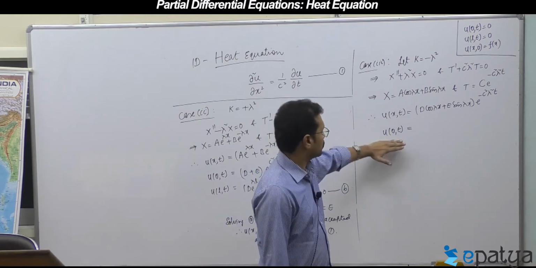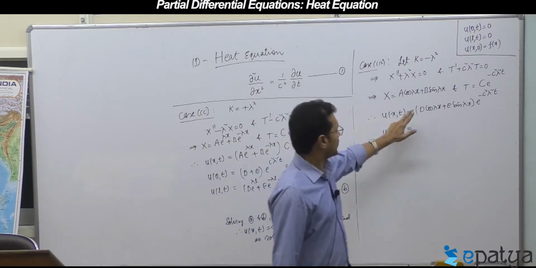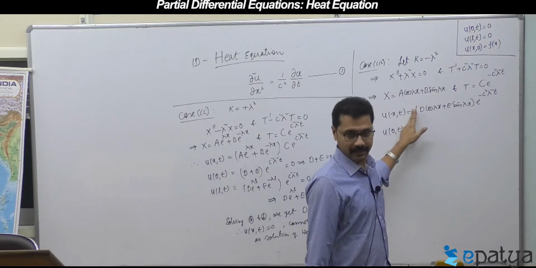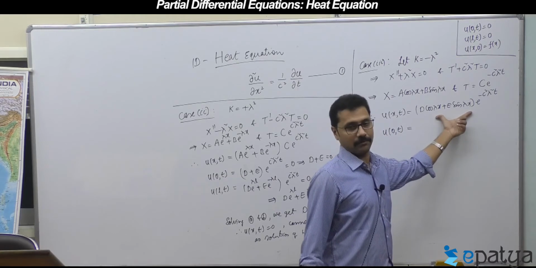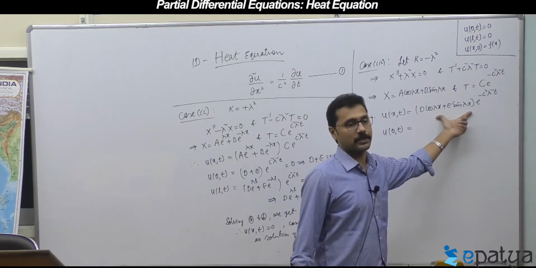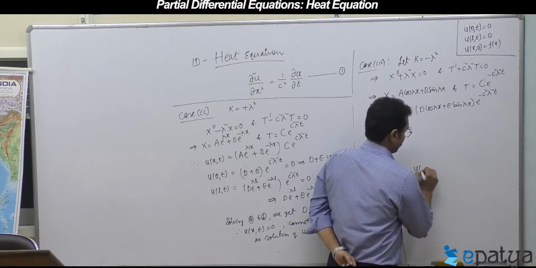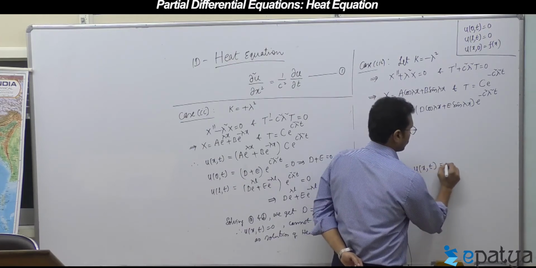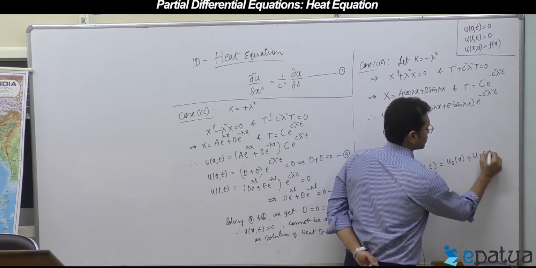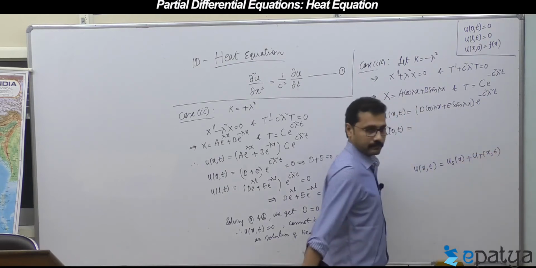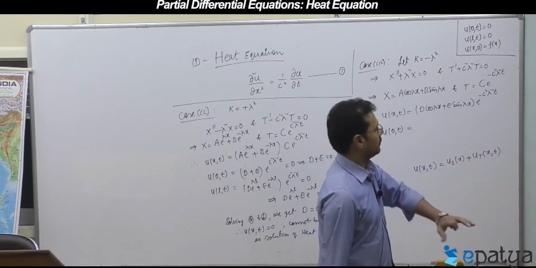So your actual u of x comma t will be equal to us of x, which is 0 in our case, plus ut of x comma t. That's what happens. So when I say u of x comma t is equal to us of x plus ut of x comma t, just for our reference, I am telling you.